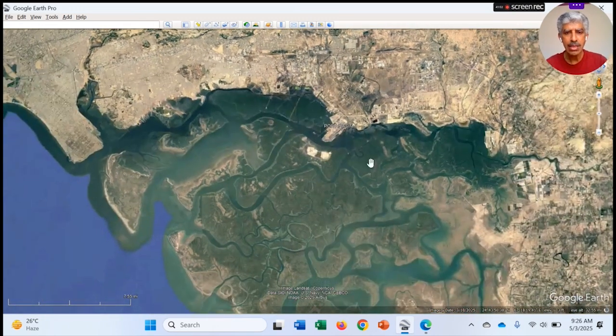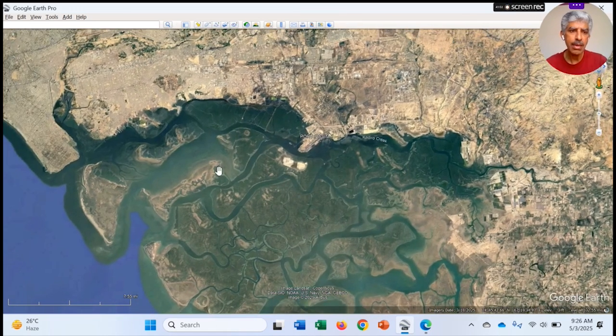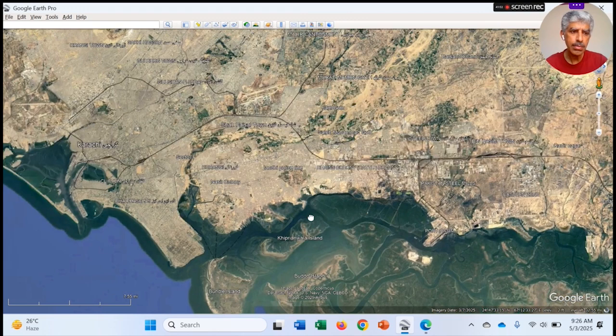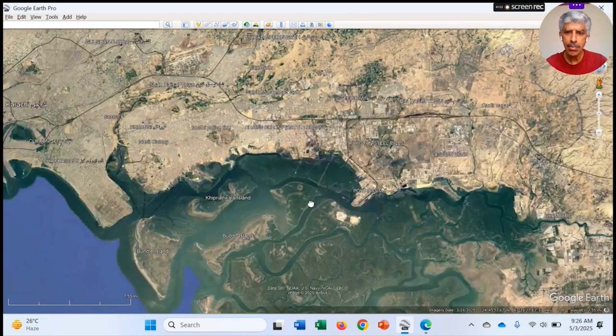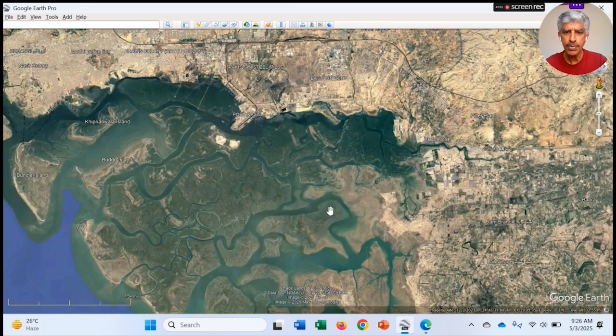And you can see that this region is a swampy area with mangroves.